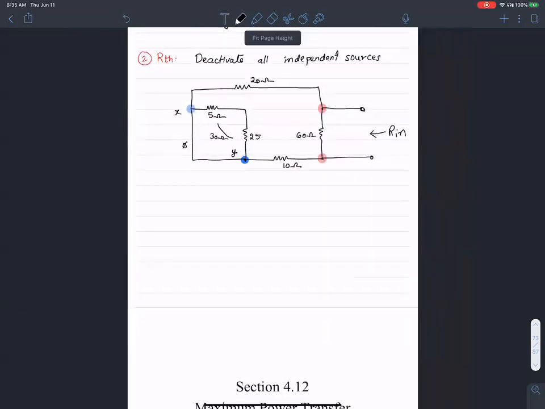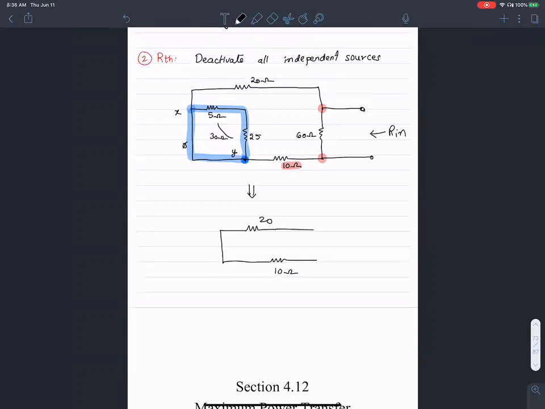So the idea is all of this circuit is going to transform into 20 ohms, okay? And this part of the circuit is going to go away because it has been shorted with the 0 ohms in parallel. So that's going to be replaced by 0 ohms, followed by the 10 ohms right here. And then of course there is a 60 ohm resistance across which I want to find out the Rn.